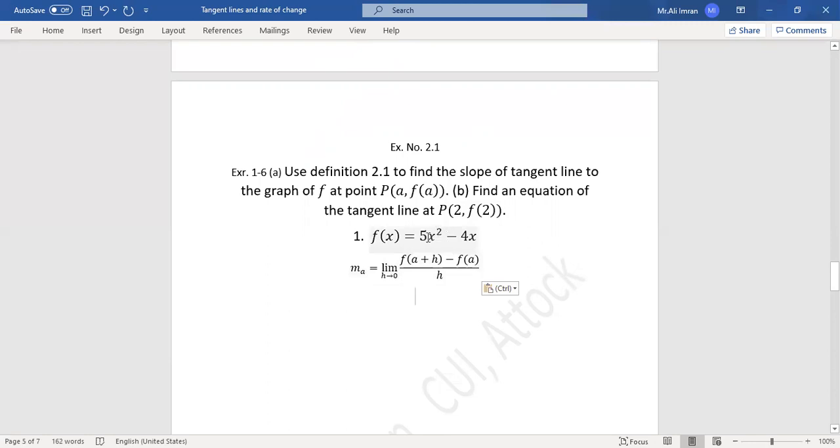Now we have function f of x. f of x is equal to 5x square minus 4x.